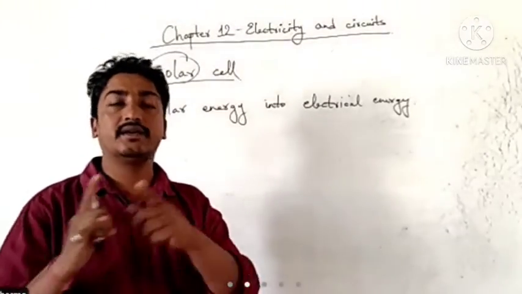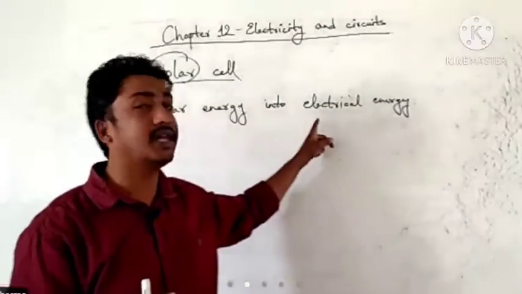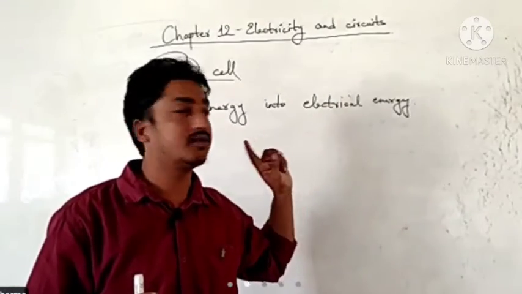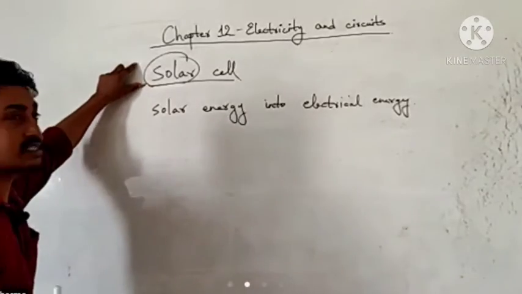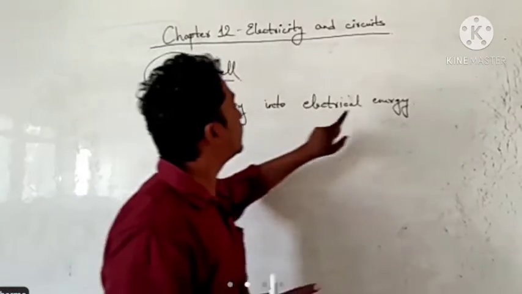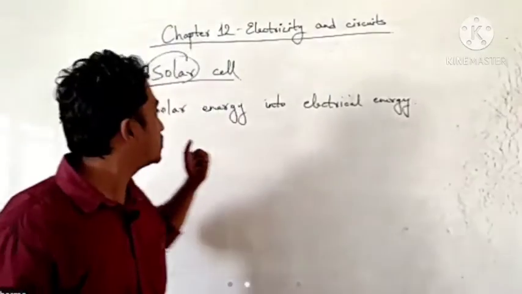Similarly, in atomic, nuclear energy is converted into electrical energy. But in case of a solar cell, solar energy is converted into electrical energy.